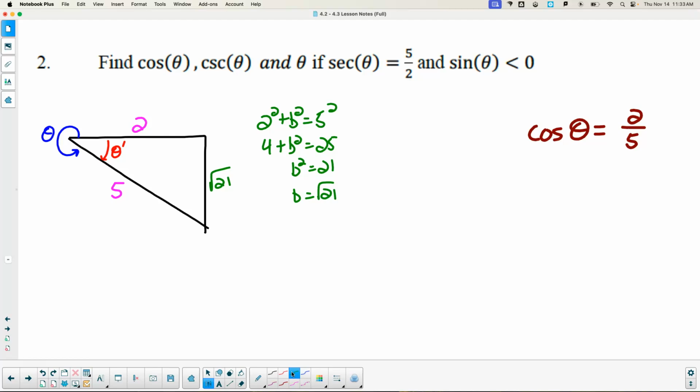Can I find the cosecant now? I would say here that the cosecant of theta is 5 over the square root of 21. Would you agree with that?